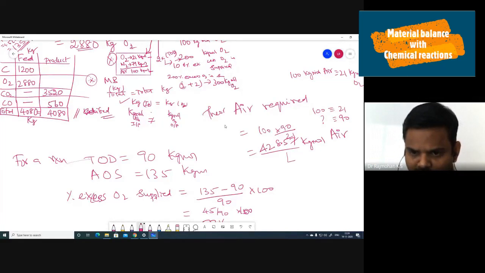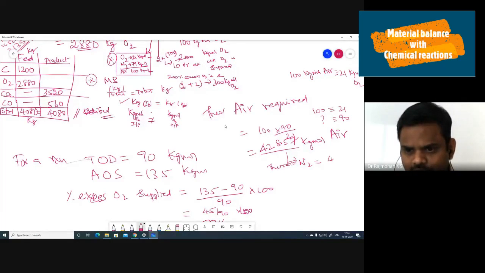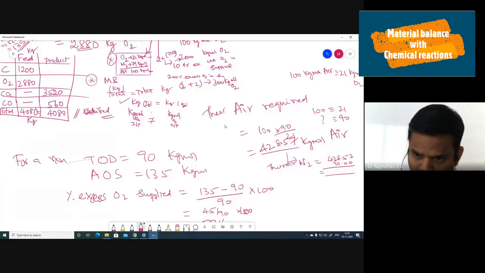Out of this 429, how much is nitrogen? Theoretical nitrogen is equal to, out of this 428.57, 90 is oxygen. So the rest is nitrogen, right? Minus 90, this is 338.57. Is that right?